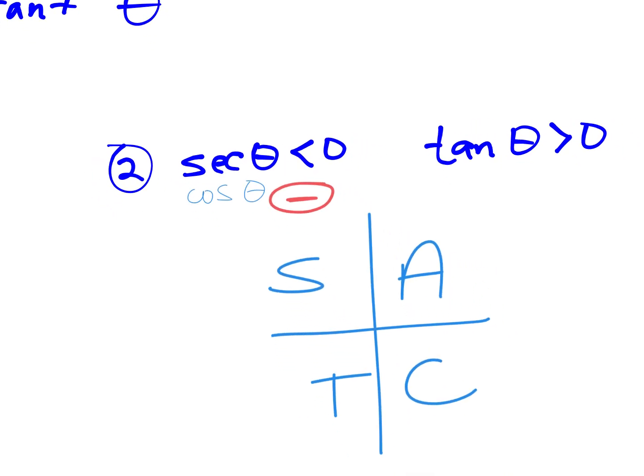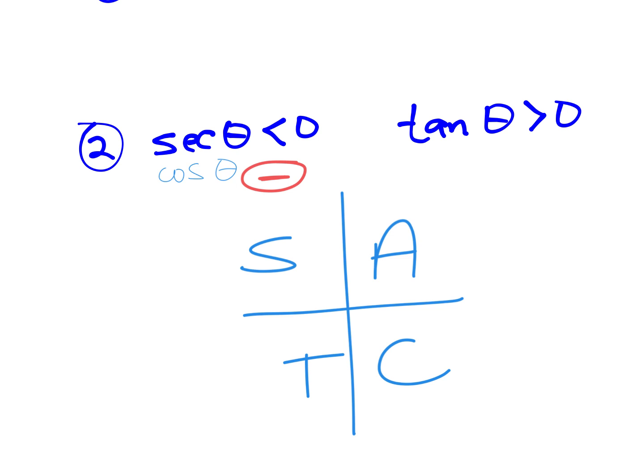Negative, okay? In All Students Take Calculus, where is cosine and secant negative? Here and here. How come you guys didn't say the first one? Because everything's positive. Good. How come you didn't say the 4th one? Because that's where cosine and its reciprocal are positive.